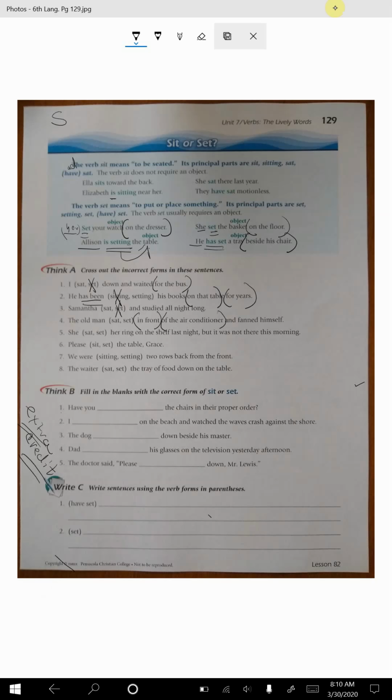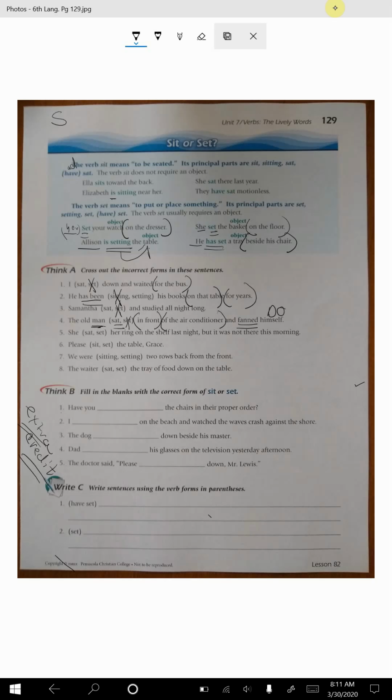He sat. So cross out set. If you were diagramming this or labeling it, man would be your subject. He sat and he fanned. Got two verbs there. And this would be called the direct object. All right.